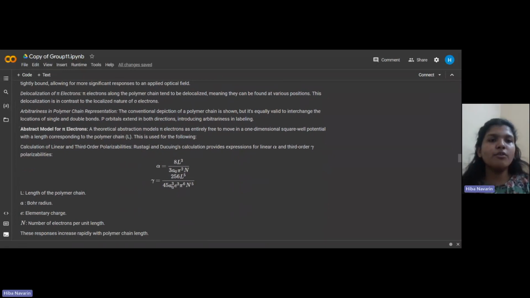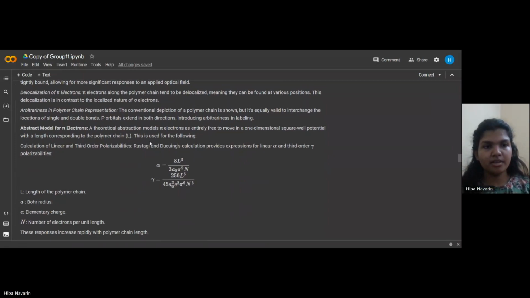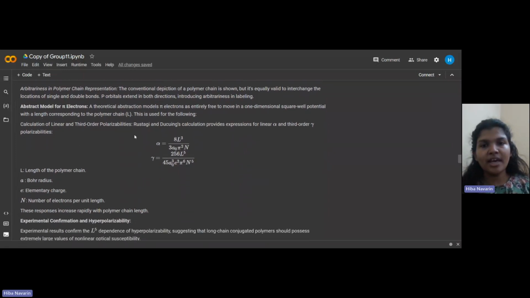So we have to now create a model for these pi electrons. We are assuming them to move entirely freely in a one-dimensional square well potential with length corresponding to the polymer chain length. From that we have equations for linear and third order polarizabilities given by this.